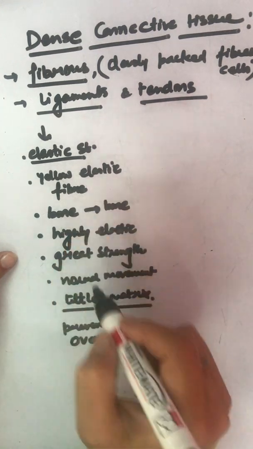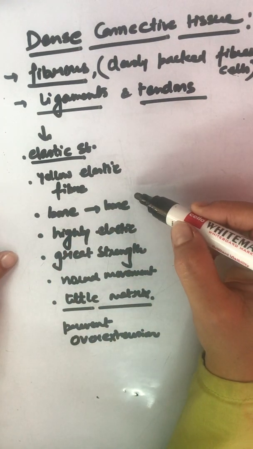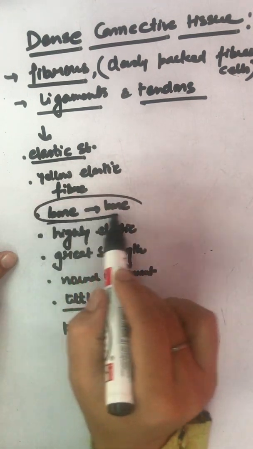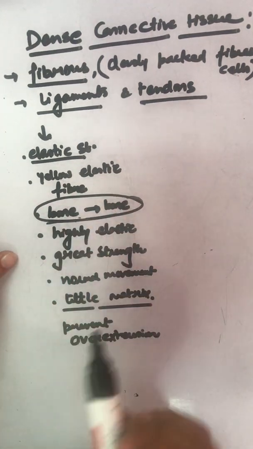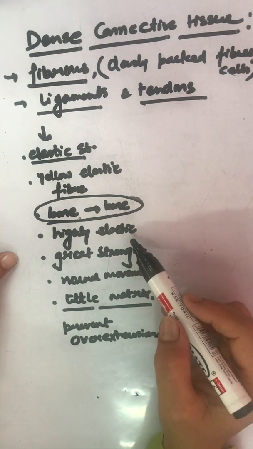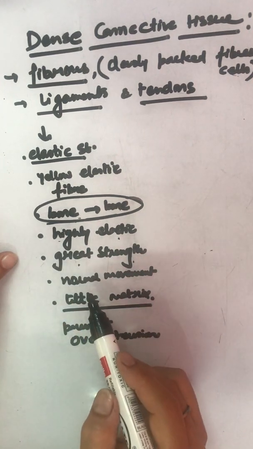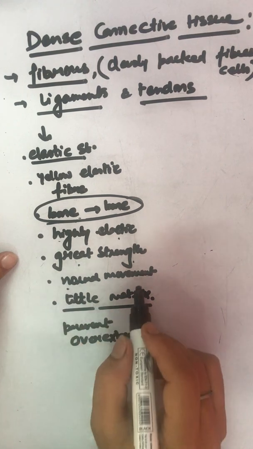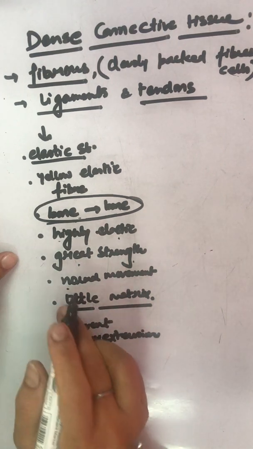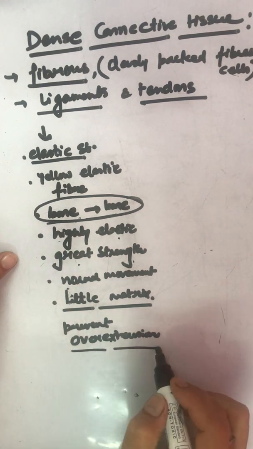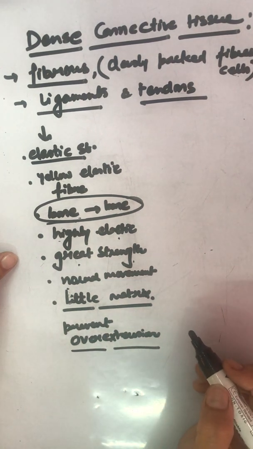You cannot stretch your elbow joint too much, right? It is mainly present between bone and bone. It connects a bone to another bone. So it provides elasticity, highly elastic. It provides great strength. It permits normal movement, and it has little matrix, right? And that's why it prevents overextension.